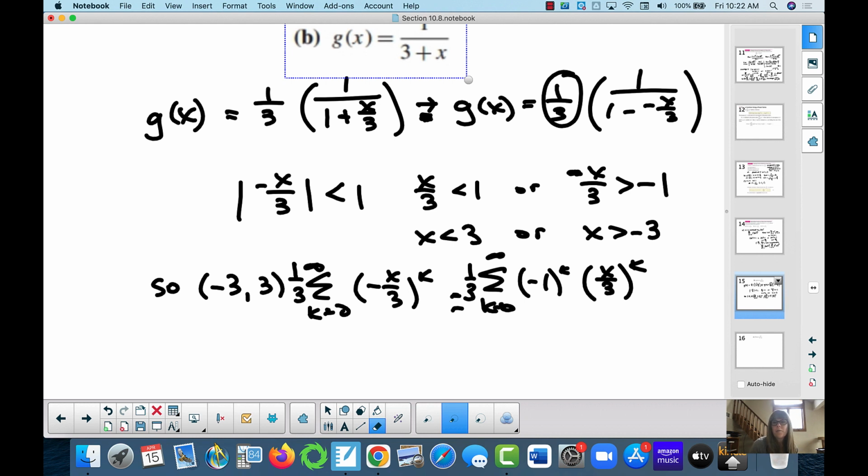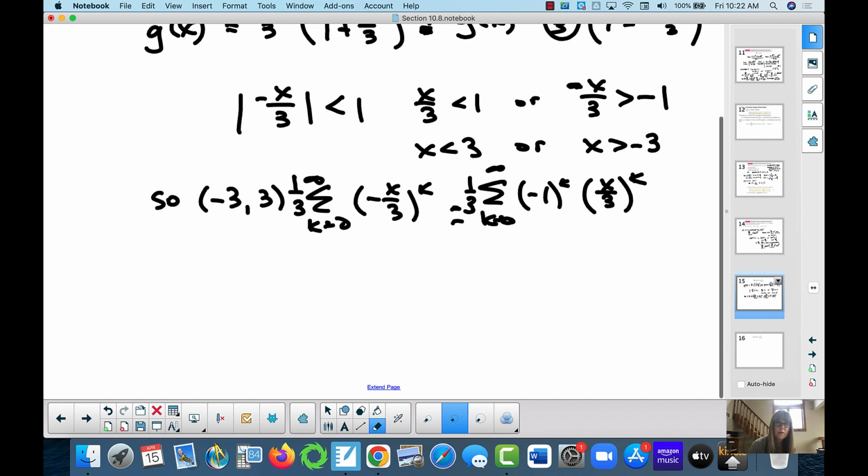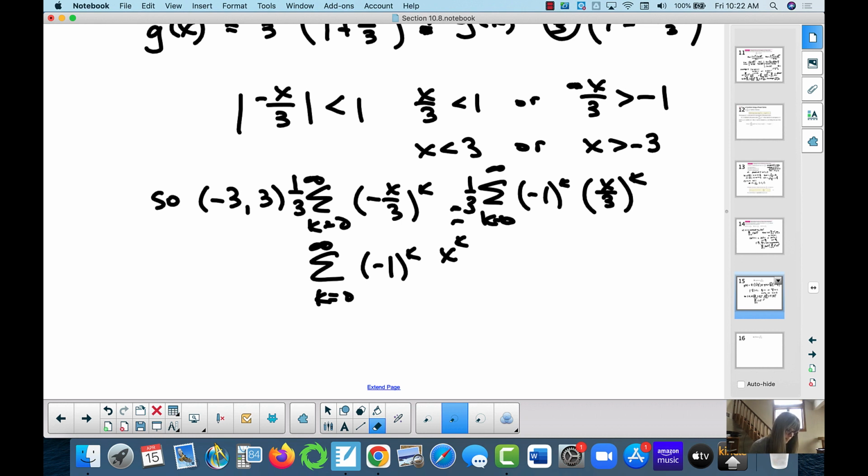Well, now I can put this 1/3 into the series. By saying we have x to the k, and then instead of 3 to the k, I put in this extra 3. I multiply that by 3, so it's like 3 to the 1 times 3, which is just 3 to the k plus 1.